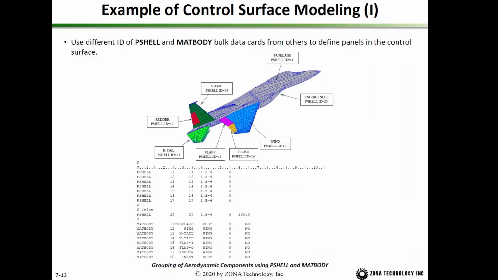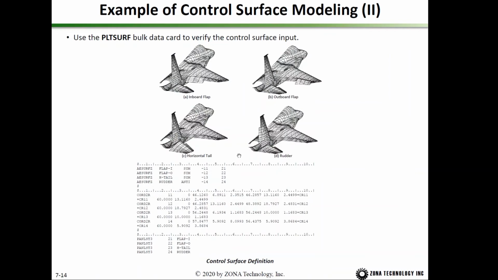Then I can use the PANLST3 to refer to this MAT body ID. Once I do that, I can include all the fuselage in the spline or in the control surface definition. Then you use a PLTSERV card, and so I have 4 control surfaces: the inboard trailing edge flap, outboard trailing edge flap, horizontal tail, and rudder. I define 4 control surfaces, and I can use the PLTSERV card to view the control surface.